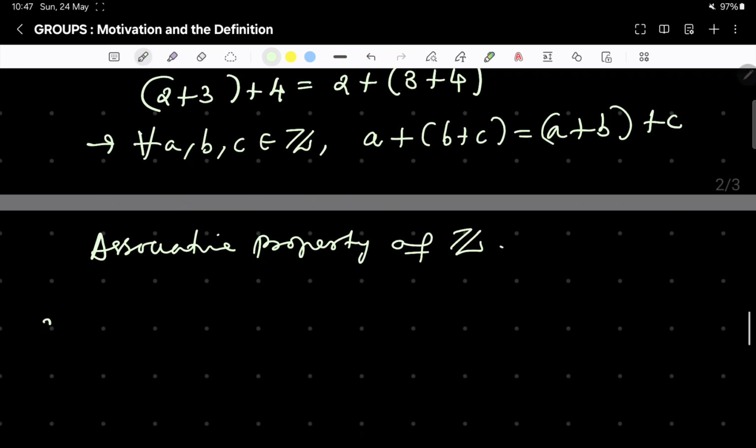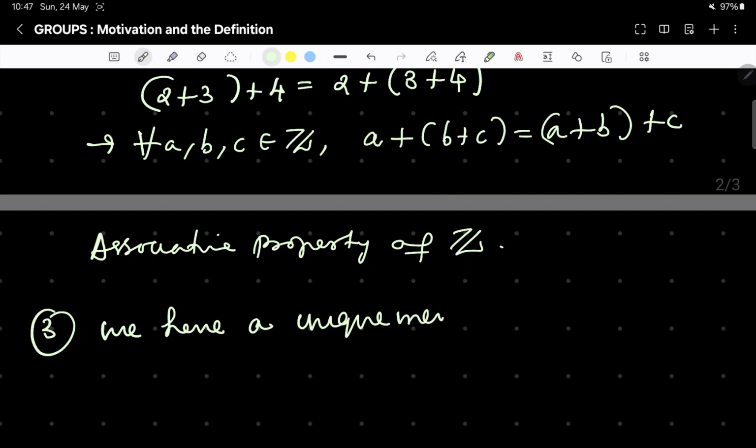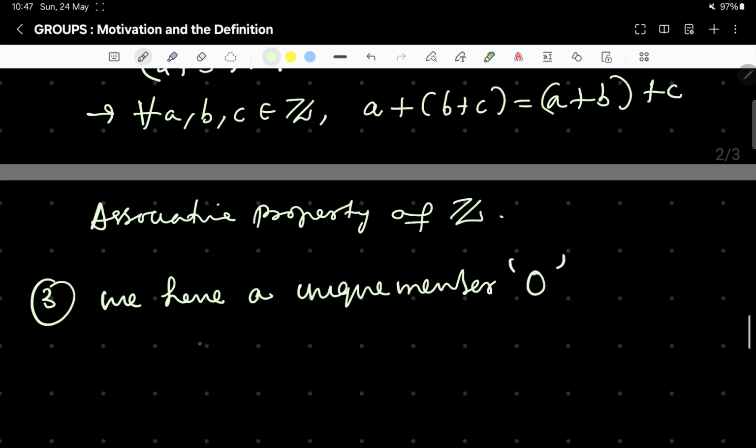Third, what I observe is we have a unique member called 0, right? What is the importance? If you add, for instance, 2 plus 0, you get 2 back, and also if you make 0 plus 2, you are getting 2 back.